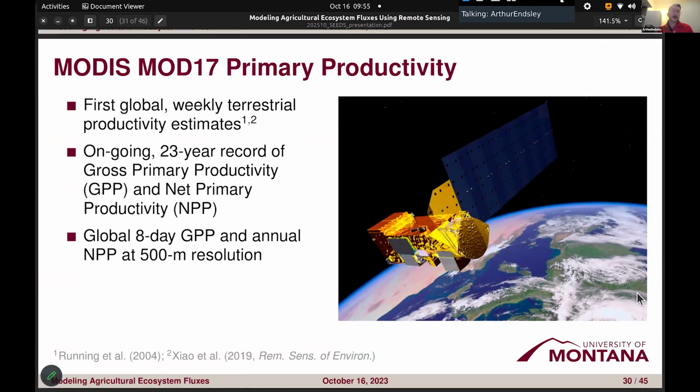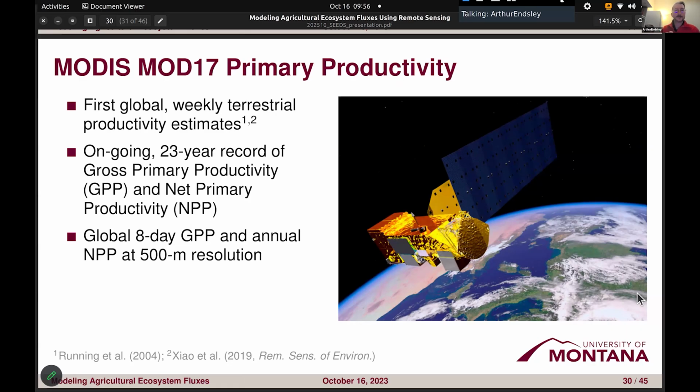So in addition to Mod 16, the MODIS Mod 17 product was developed in my lab. This provided the first global weekly terrestrial production estimates based on the Earth Observing System. This slide is a little out of date.